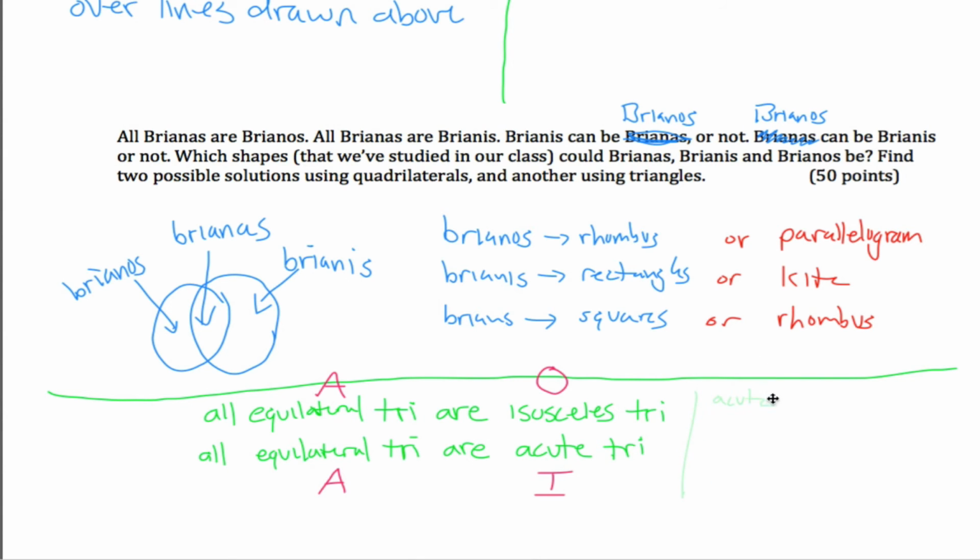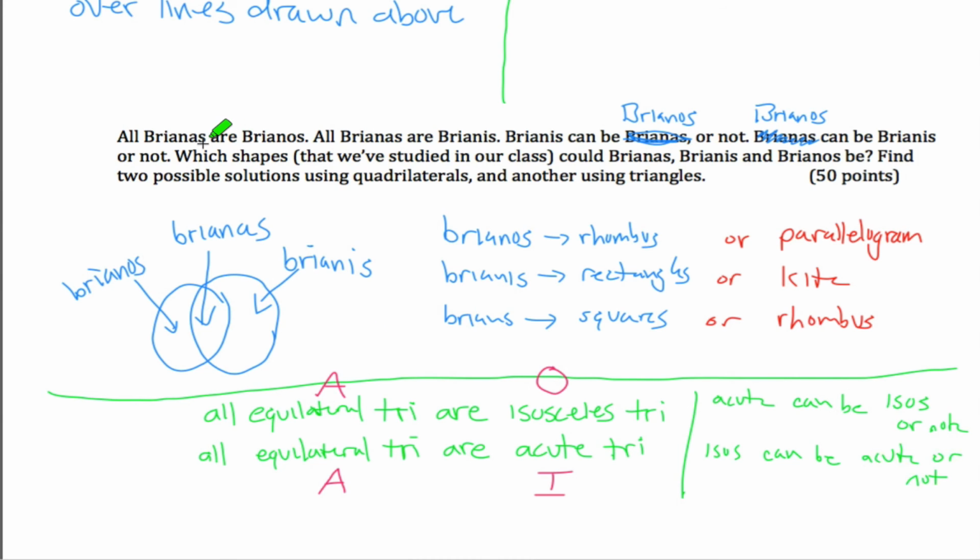Acute can be the word that ends in O, which is isosceles, or not. Yeah, that makes sense. And the word that ends in O, isosceles, can be the word that ends in I, acute, or not. Yep, those are all true statements.